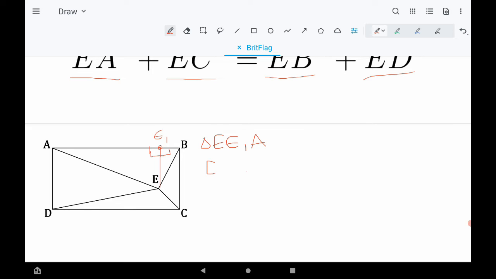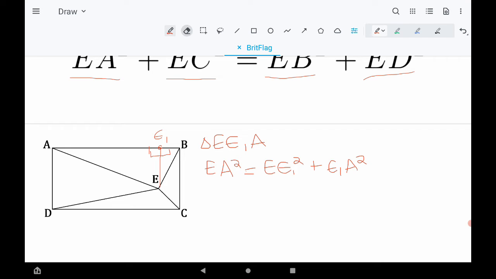So EA squared is equal to EE1 squared, because that's our first leg, plus E1A squared. All right, so we have EA in terms of some other lengths. For now, it may be irrelevant, or you might be thinking, why are we doing this? But later, when you see the algebraic manipulation, this will come in really cleverly.